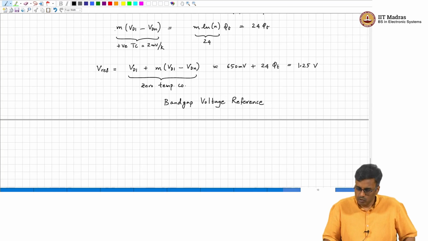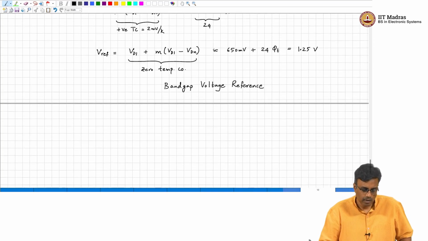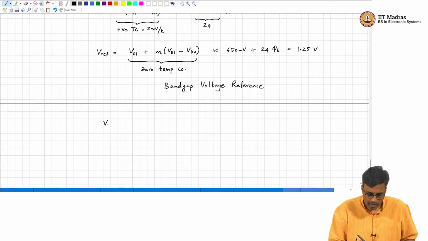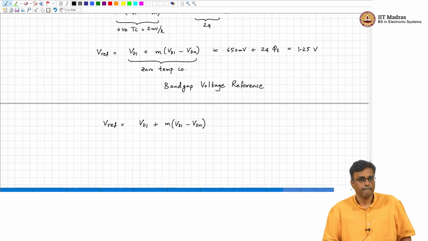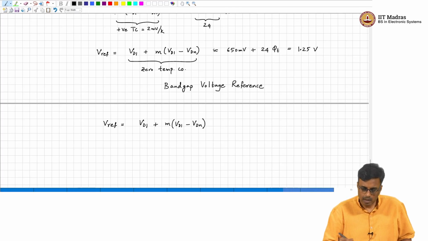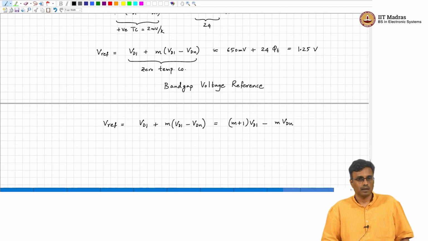Okay. So, in other words, to generate VREF, we need Vd1 plus m times Vd1 minus Vdn, which is m plus 1 times Vd1 minus m times Vdn, correct?